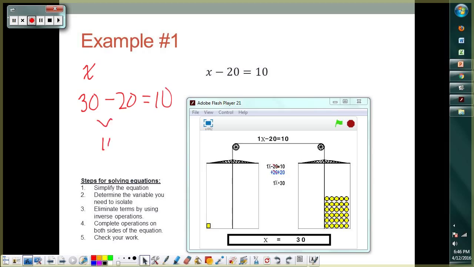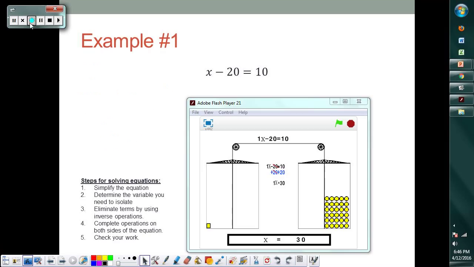Well, 30 minus 20 is 10. 10 equals 10, so my problem checks out. And checking your work is a pretty easy thing to do, especially with these first few equations, but it gets very important later on, and is an easy way to ensure that you never have the wrong answer.